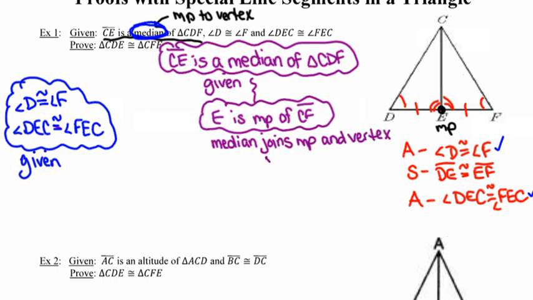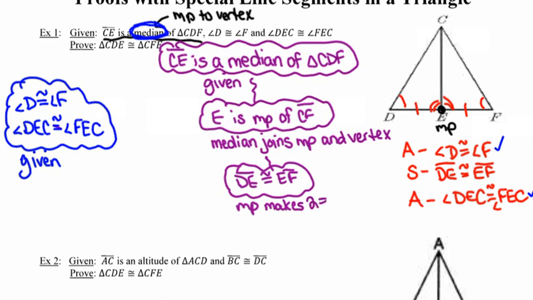And now if E is a midpoint, I can deduce that segments DE and EF are congruent to one another. That's an oldie but a goodie. The midpoint makes two congruent segments. So at this point, I've written about everything I need to in order to make those two triangles congruent. There's my pair of sides, my first pair of angles, my second pair of angles.